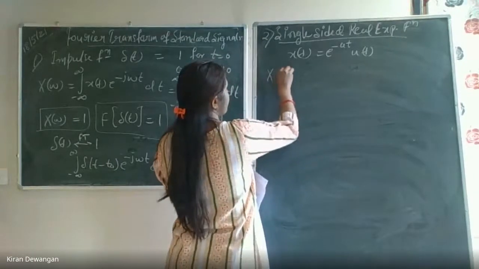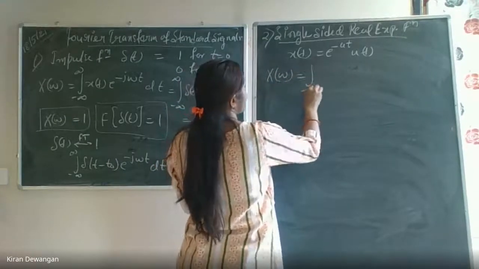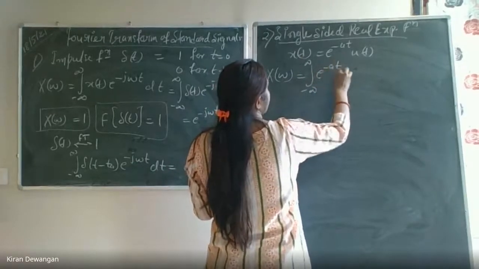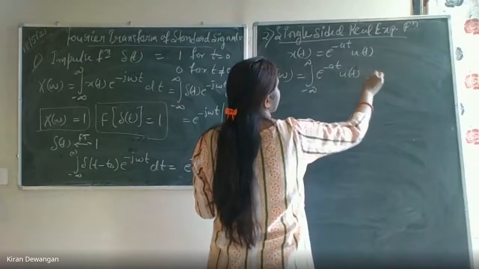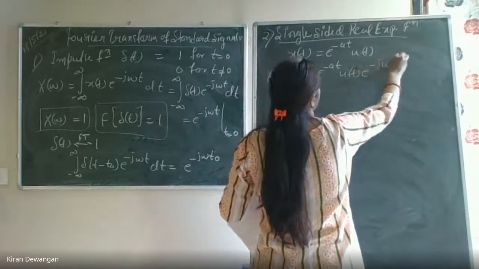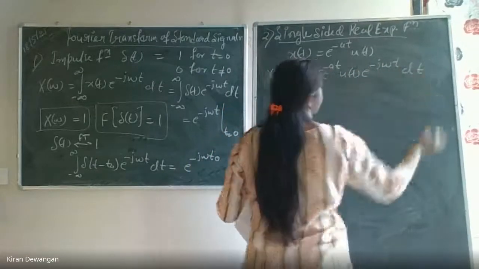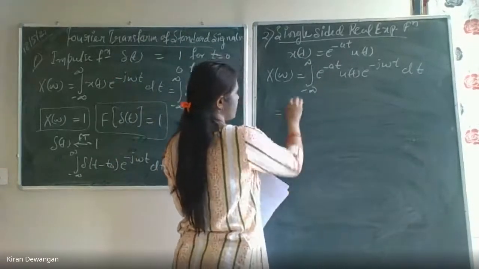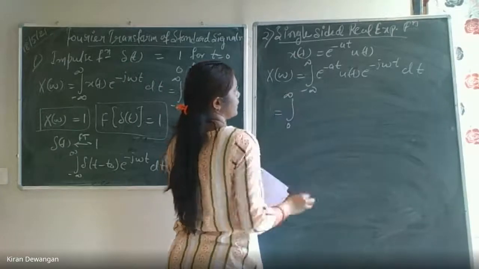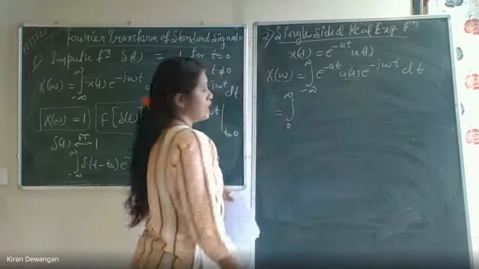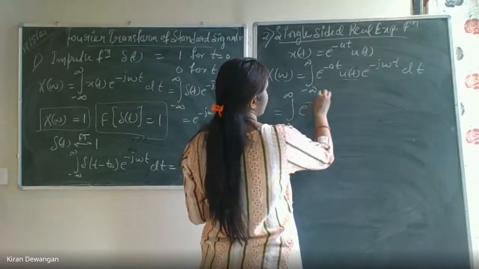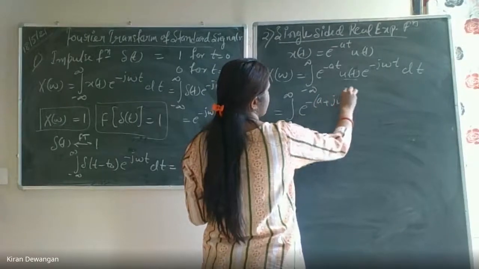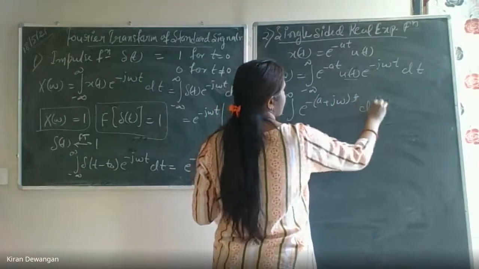निकालो जल्दी से फटाफट. Integration minus infinity to infinity. This is e to the power minus at into ut e to the power minus j omega t dt. कितना आएगा इसका आंसर? This becomes 0 to infinity because it has ut attached to it, and this becomes e to the power minus a minus taken out a plus j omega t dt.